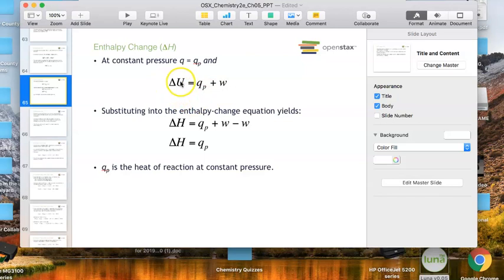So the change in the internal energy is equal to the heat given off at constant pressure plus the work. Substituting in the enthalpy change equation yields work minus work, which cancels out, which means that the enthalpy change is equal to the heat at constant pressure.